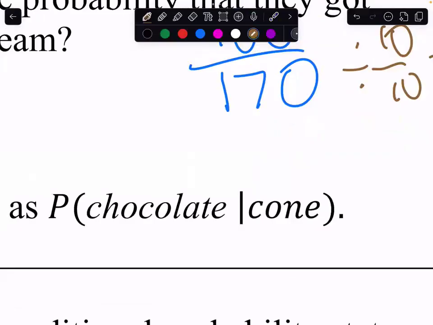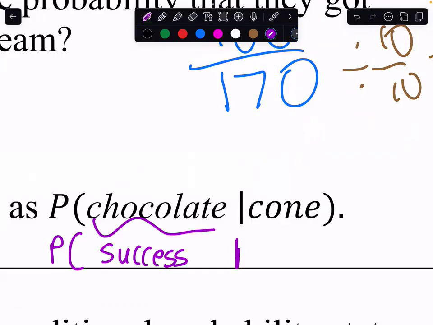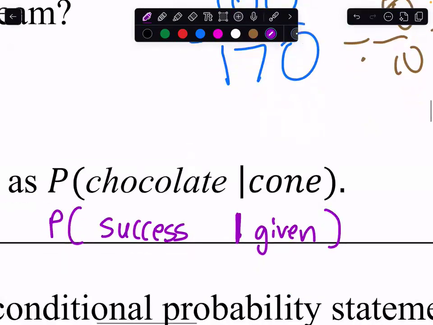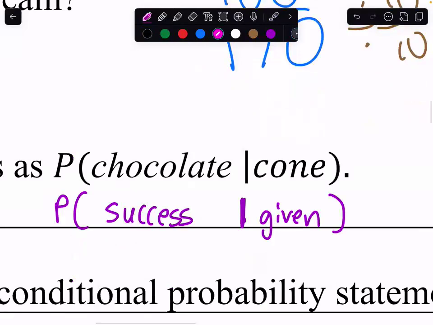So in general, the first thing in the parentheses is what's considered a success, then the vertical bar, and then what's afterwards is what's called the given. Given means that this happened for sure.